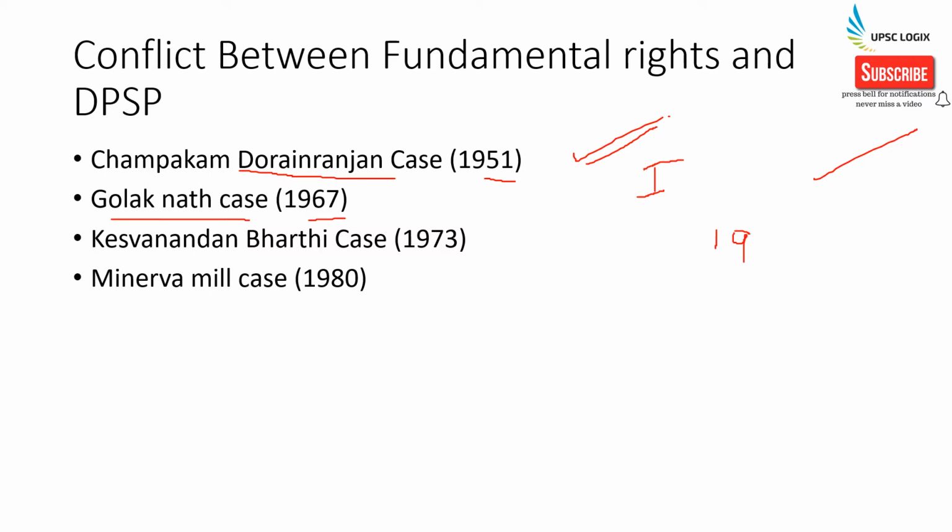And the second point was that no law containing a declaration for giving effect to such policy shall be questioned in any court on the grounds that it does not give effect to such a policy. So what the government did was, first, it said that any of these laws, even if they were in contradiction with Articles 14, 19, or Article 31, would still be valid.